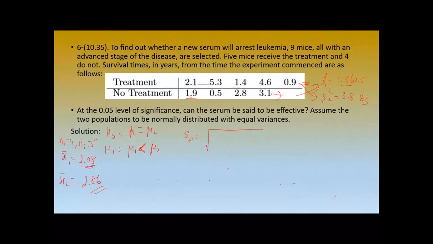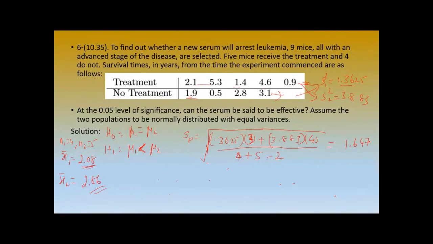So SP is equal to the square root of 1.3625 times n1 minus 1, which is 3, plus the second variance 3.883 times 5 minus 1, which is 4, and the denominator is n1 plus n2 minus 2. When you calculate this, SP is 1.6474. We are ready with all the information to find T.